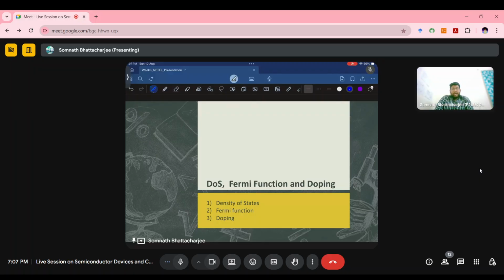And towards the end we'll move towards doping. What is the doping concentration, what is the carrier concentration in intrinsic semiconductors, and how are they changed after doping a certain impurity in these intrinsic semiconductors, ultimately making them extrinsic semiconductors. What are degenerately doped semiconductors and those things.